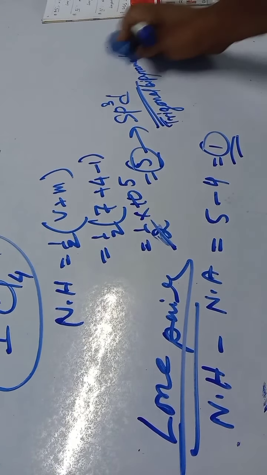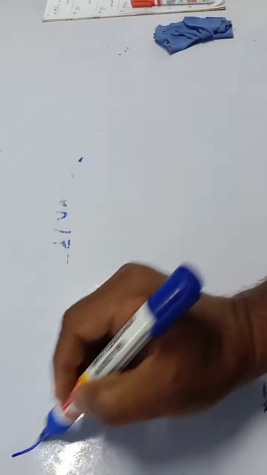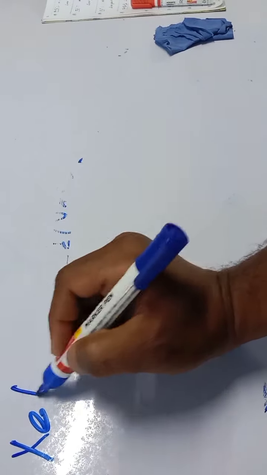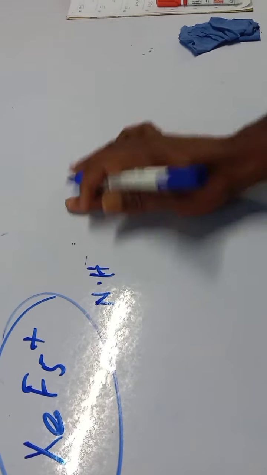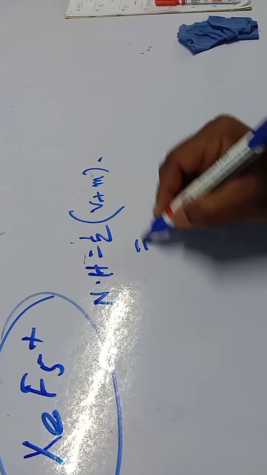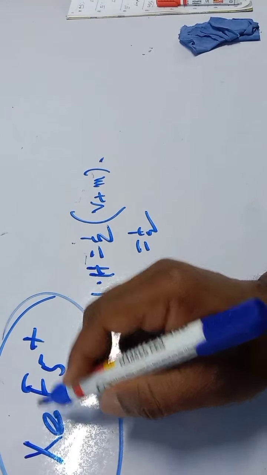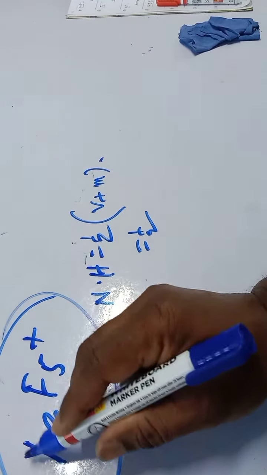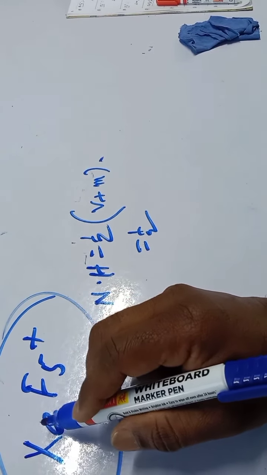Okay, my dear viewers. Next part, XeF5 plus. N is equal to half V plus M. V means, the halogen group, also the inert group, and it also includes the noble gas.